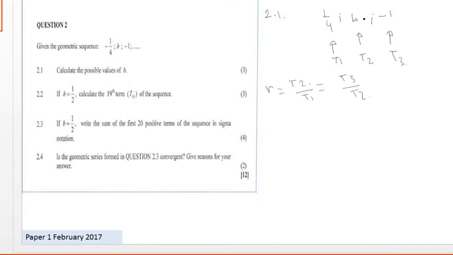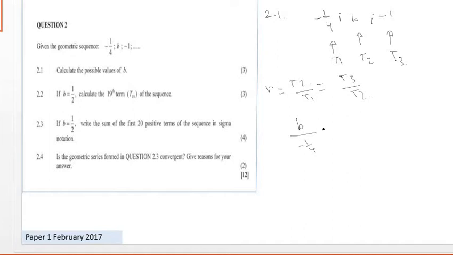So since these terms are in geometric progression, that means the common ratios are the same. In other words, if we say t2 divided by t1, because t2 in that case is b, so we have b divided by negative 1 over 4.